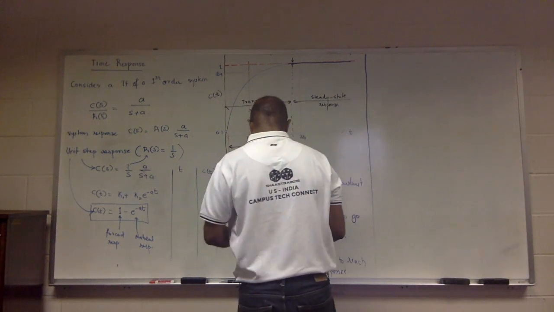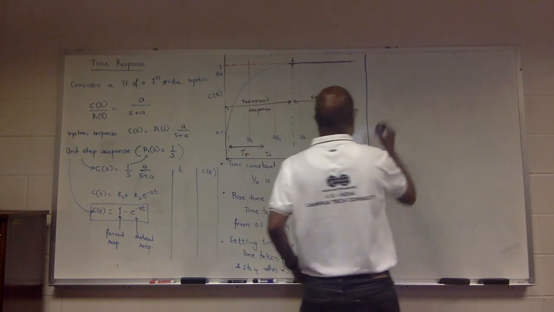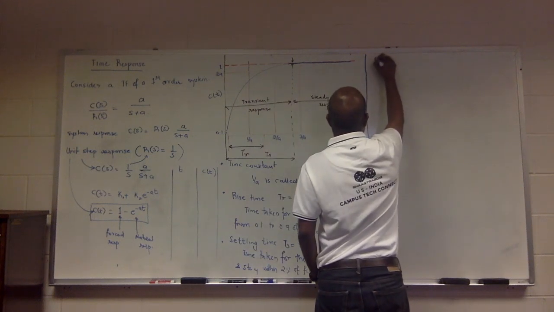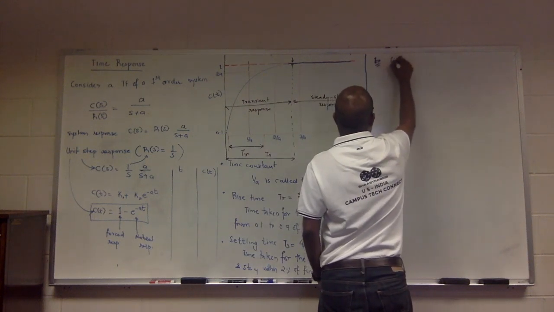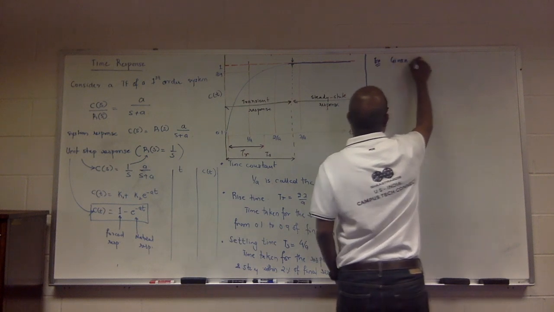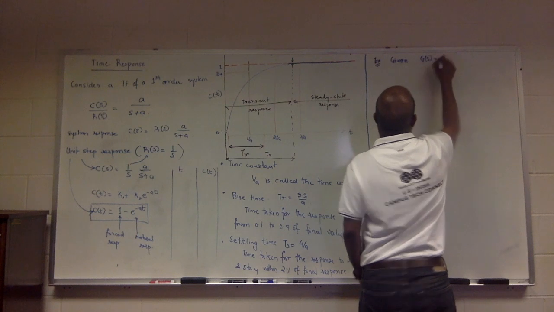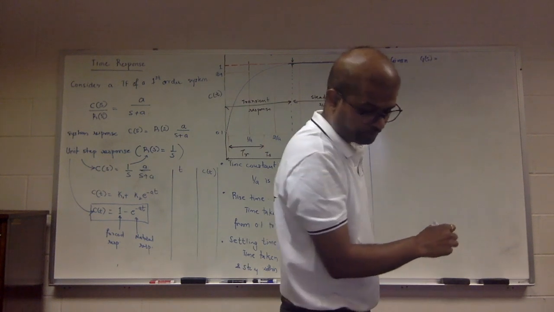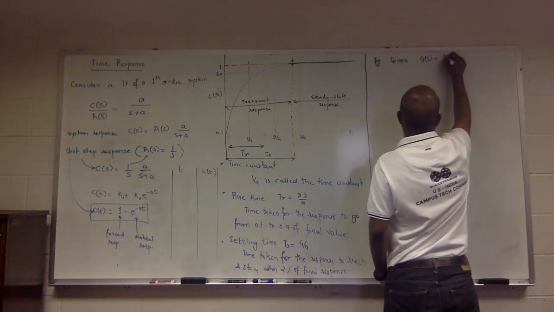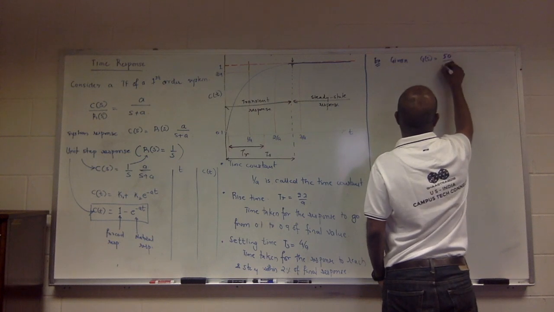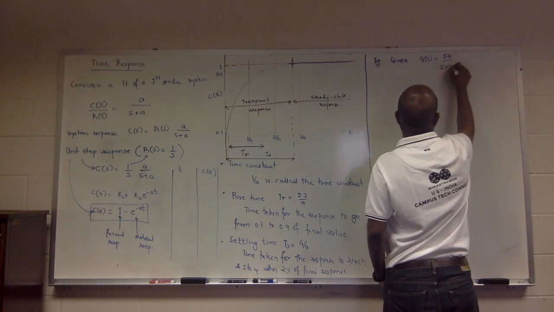So the example would be the way you utilize it. Given G of S is equal to 50 over S plus 50.